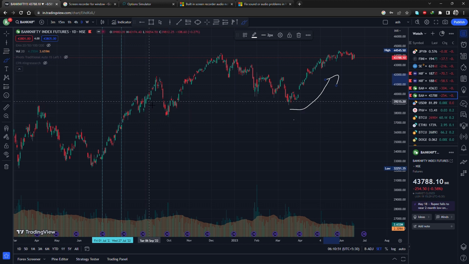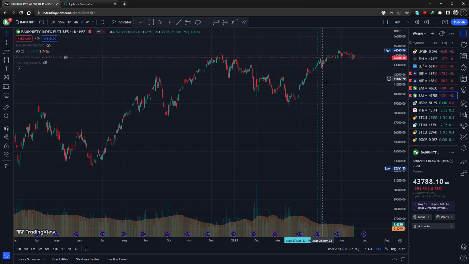Since this option strategy is for a range bound market, with the help of this adjustment we are going to amplify our profits, and we can convert this strategy from a range bound strategy to a directional strategy. So let's understand how this strategy and our adjustment are going to work in this portion of Bank Nifty.